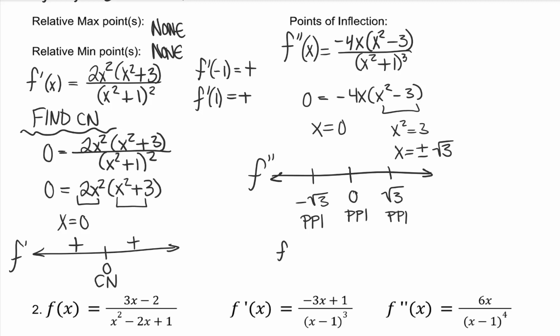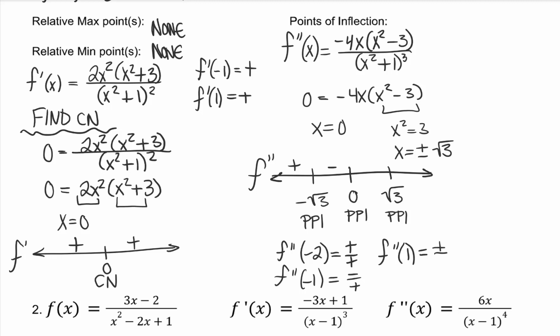f prime prime of negative 2, positive over positive. f prime prime of negative 1, that's going to give me negative over positive. To determine the sign of the second derivative between 0 and root 3, I'll plug in 1.